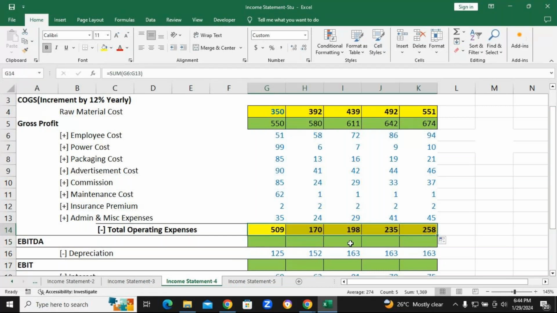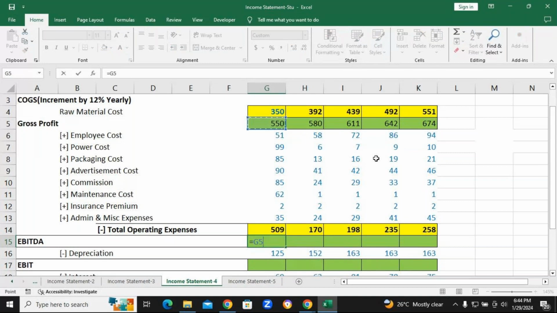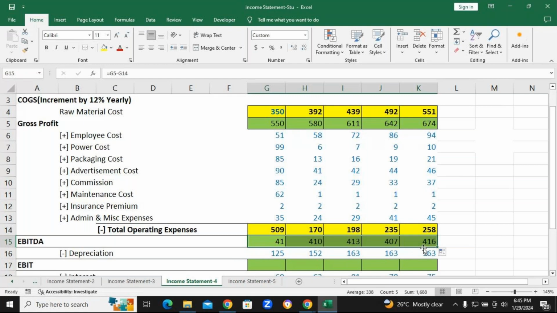Then I have to calculate the EBITDA, that is equals 550 minus 509, gross profit minus your operating expenses. Enter. Drag it towards my right. Then depreciation, they're telling depreciation is happening at the cost of, so the actual cost they have already given.